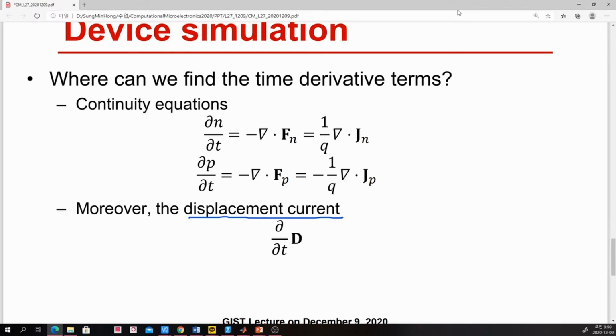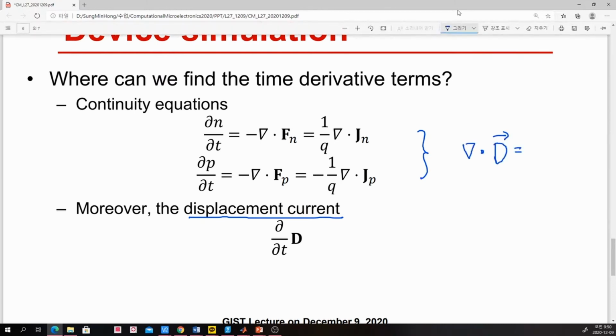Displacement current does not play any role when you calculate the solution, because you solve the Poisson equation.